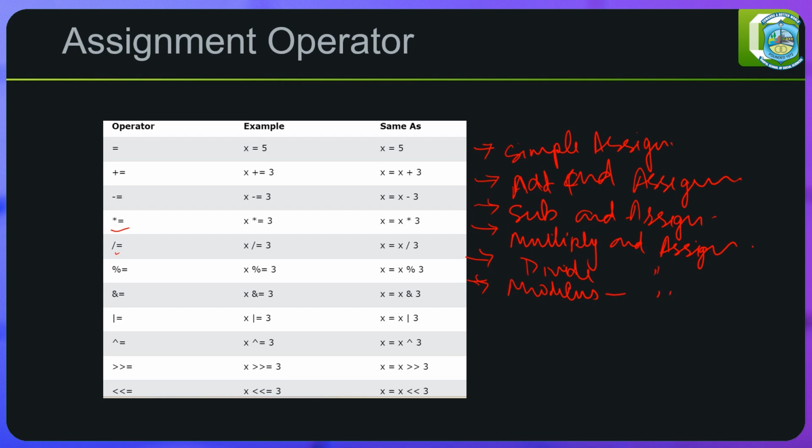And equal to stands for bitwise and and assign. Here also, or stands for bitwise or and assign. Here, bitwise XOR and assign.